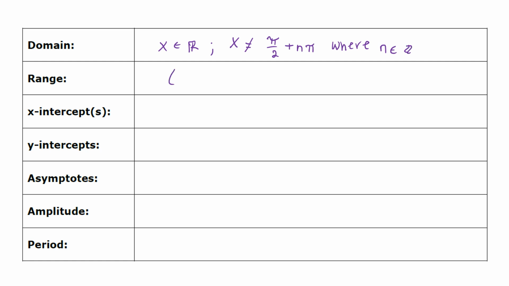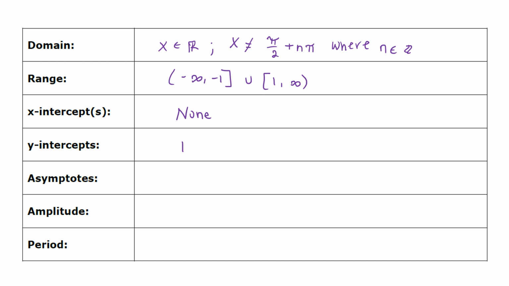The range will be from negative infinity to negative 1, union 1 to infinity. The x-intercepts, there are none. Y-intercepts, 1, crosses the graph at 1 on the y-axis.